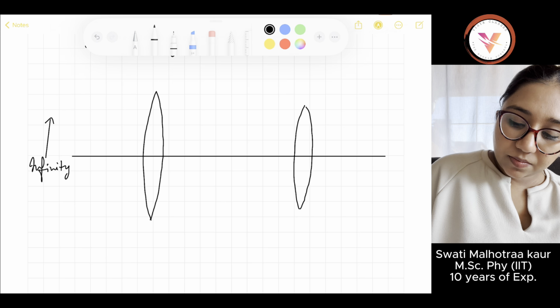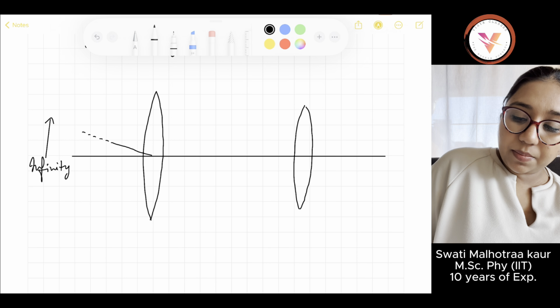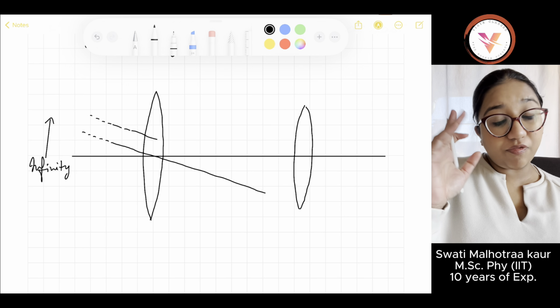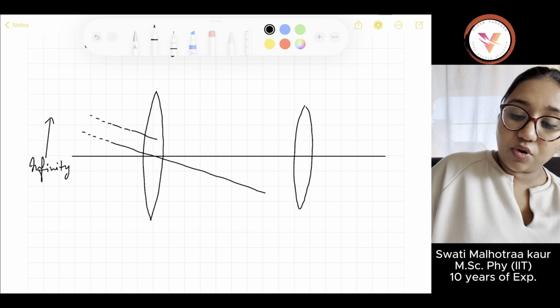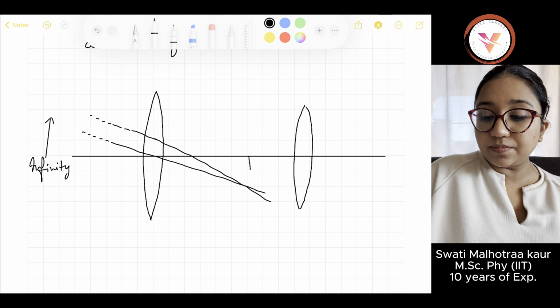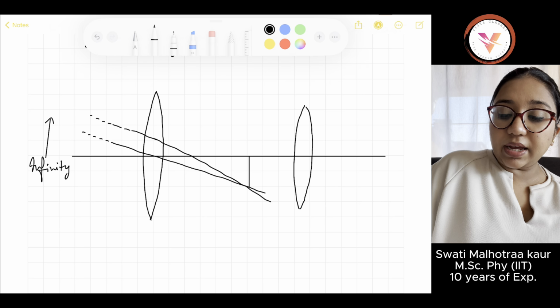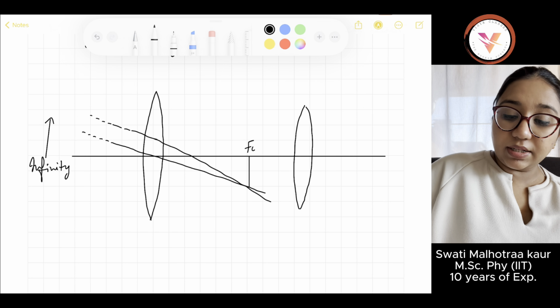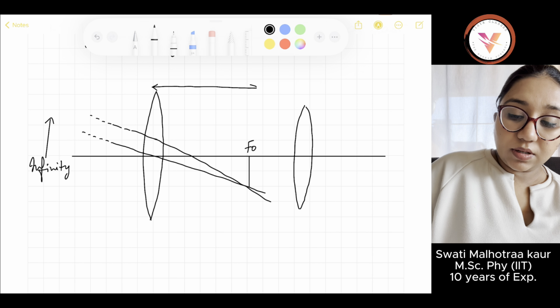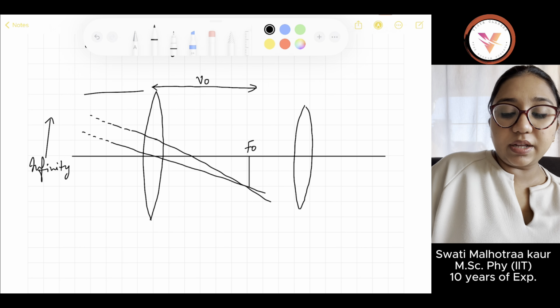So one parallel ray, next parallel ray, and when the object is at infinity, then the image formed is at focus. So this image is basically at FO, and this is also your VO distance. Okay, and UO is basically at infinity.